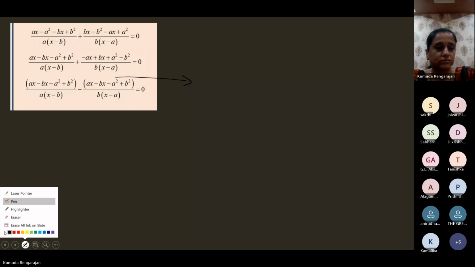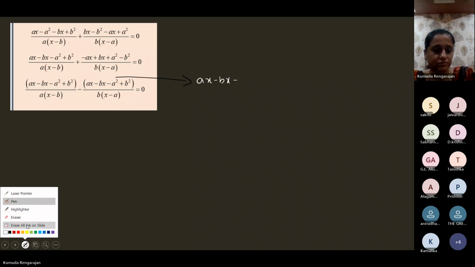Yeah. So here we have arranged. No, I'm going to give you one more step here between these two. So tell me, after this we have ax minus bx minus a squared plus b squared divided by a into x minus b.